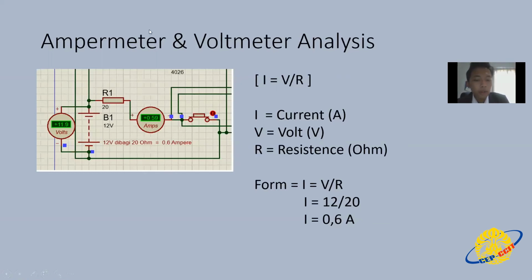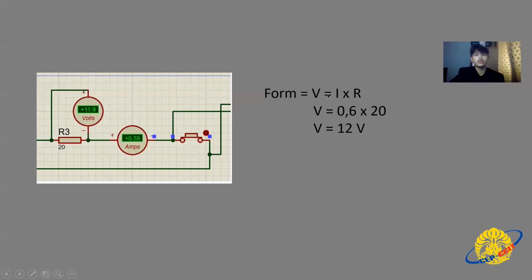Now, the formula to find the current is I equals V divided by R. V is 12 and R is 20. So I, or current, is 0.6 ampere, which is correct according to this ammeter. Well, that is from me. Then my friend will continue the presentation. Thank you.